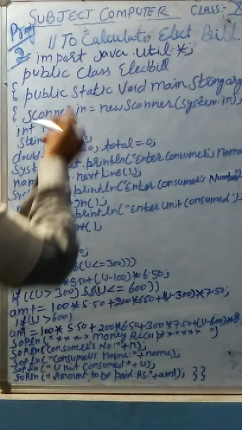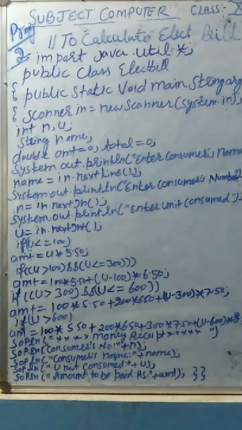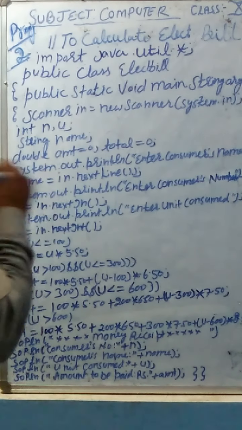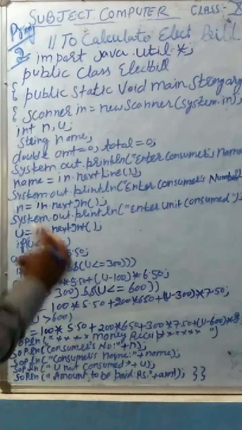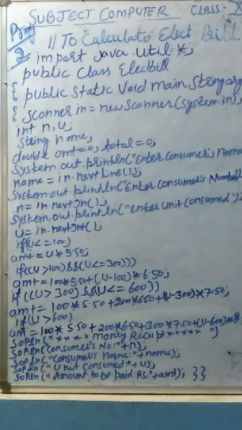Now we have to define the variables for the unit, for the consumer name, and for the consumer number according to your question.